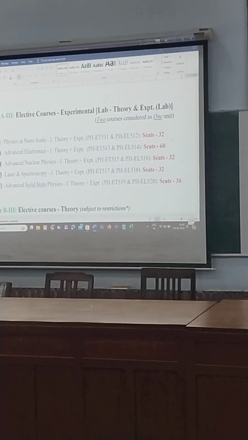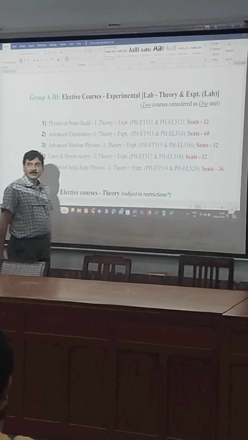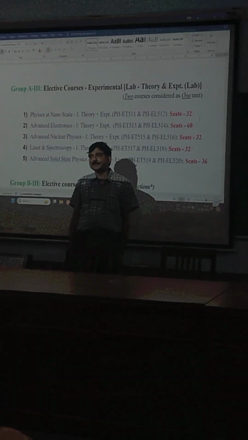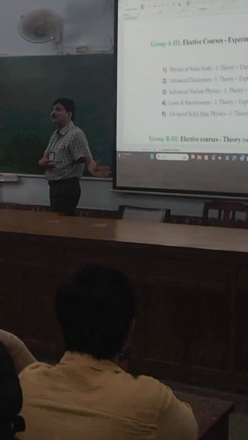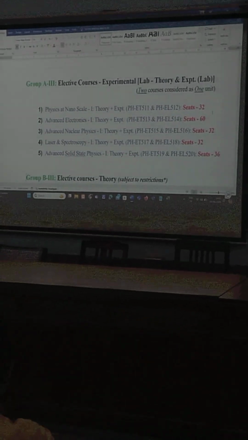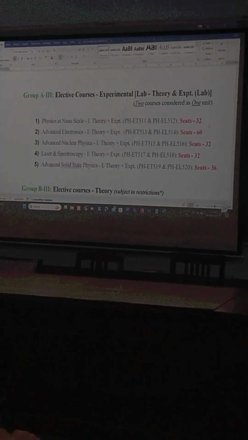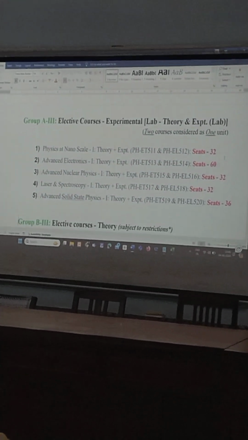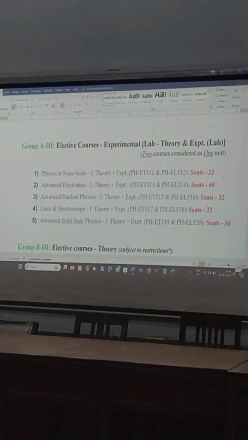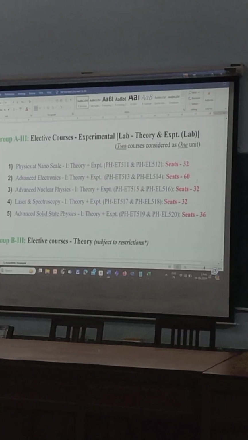Those seats depend on the instruments available in that particular lab and also the teaching faculty available in that lab. So seats are decided on that basic condition, whether the experimental setup is available or not. That is why these numbers are mentioned for the different experimental labs.